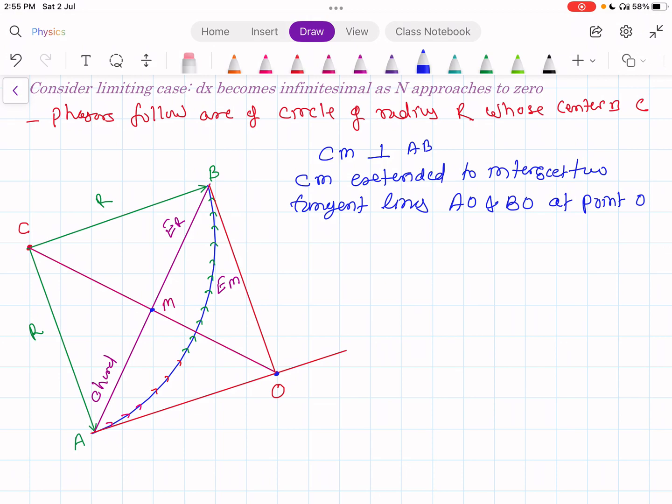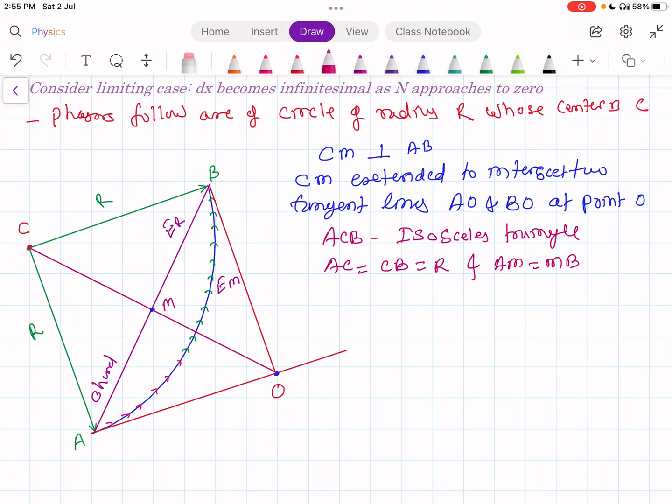As you can see in this diagram, ACB is an isosceles triangle. You can see that AC is equal to CB, and that is equal to R, and also AM is equal to MB.